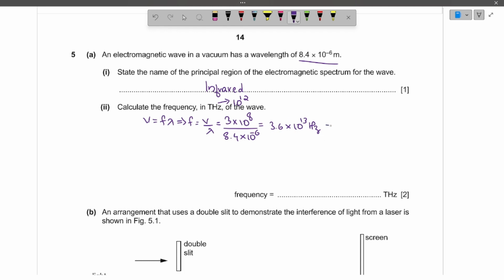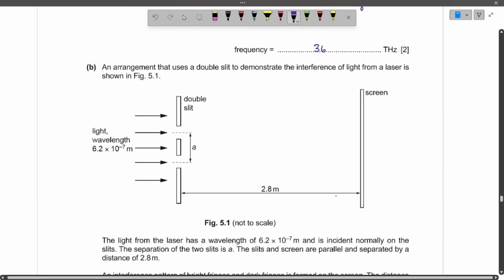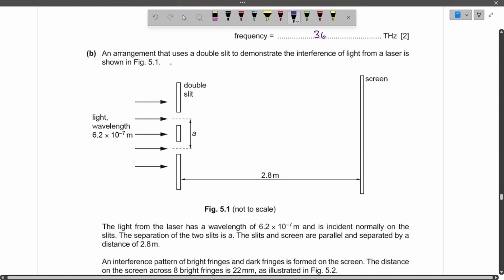So if you rearrange this, you will get 36 multiplied by 10 to the power 12 hertz. This 10 to the power 12 stands for tera, which means in terms of terahertz, it is 36 terahertz.